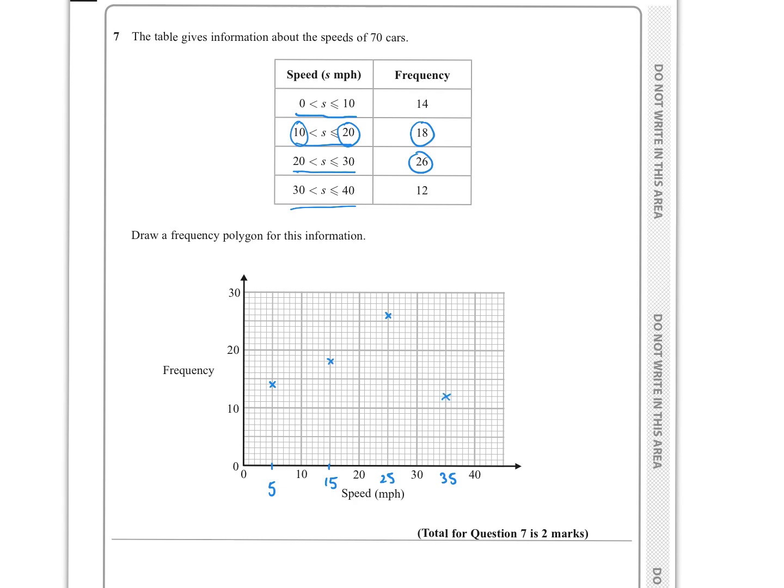And then all I've got to do is join these up. I'll do it freehand, but you really should definitely use a ruler in the exam. So a straight line here, another one, and then one more. Okay, so there's the frequency polygon. It's as simple as that.